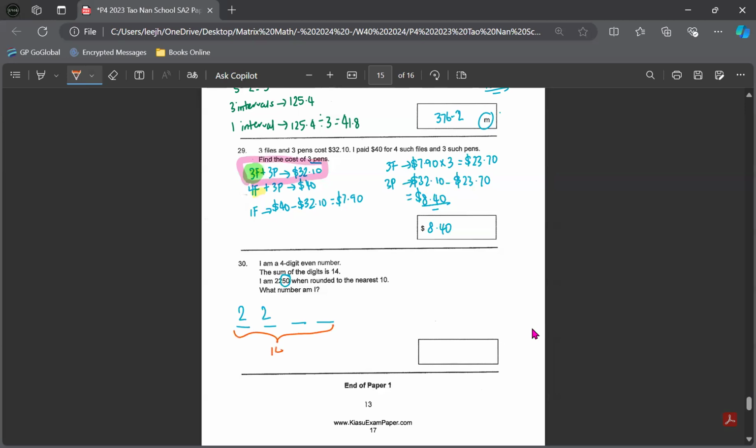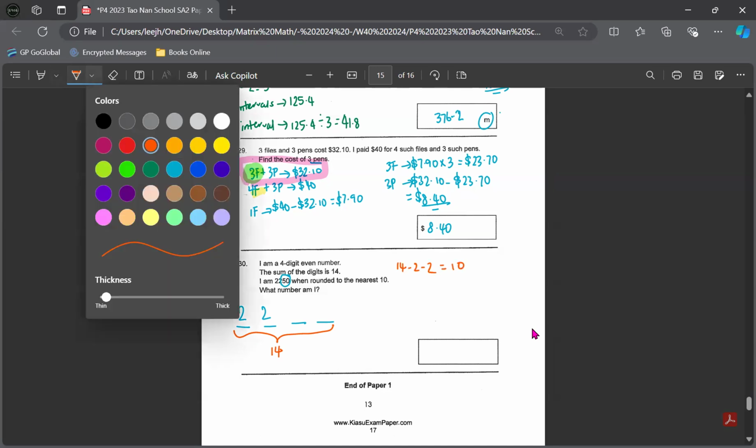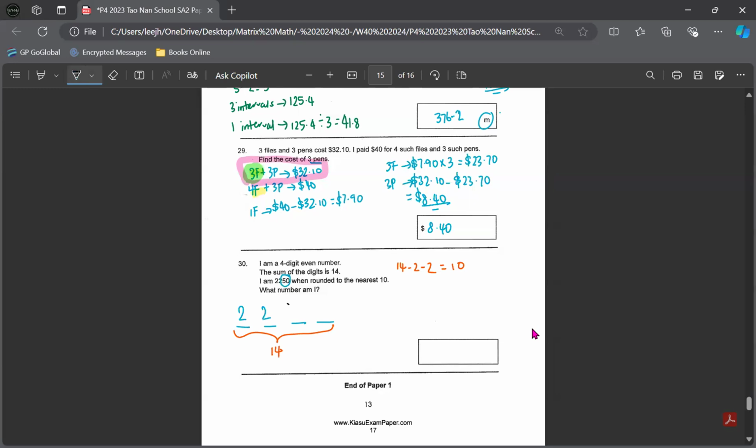Because I'm looking at the nearest 10, it is rounded off to 50. Okay? So we know that these 4 digits add up to 14. So already got these 2 digits, 2 and 2. Which means it will be 14 minus 2 minus 2, which is 10. So the last two digits must give me a sum of 10.